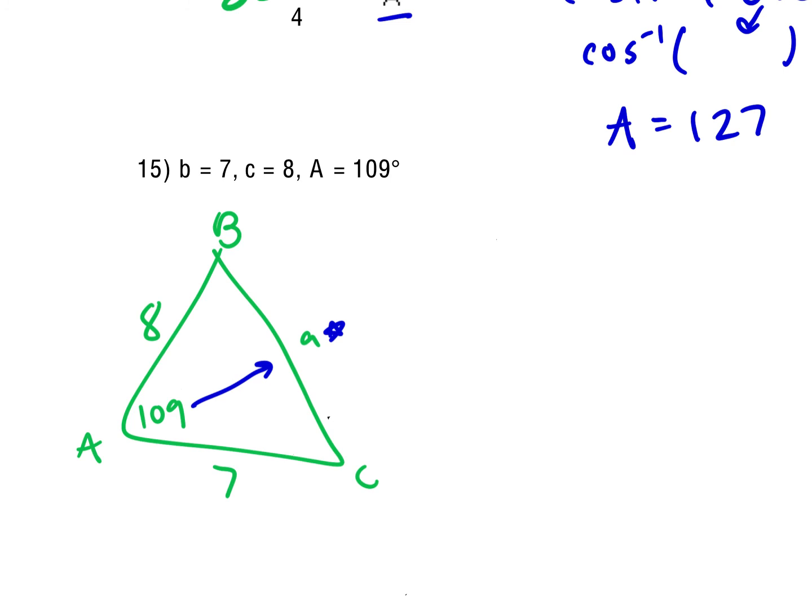So first we find A. Our formula is A squared is equal to, what comes next?